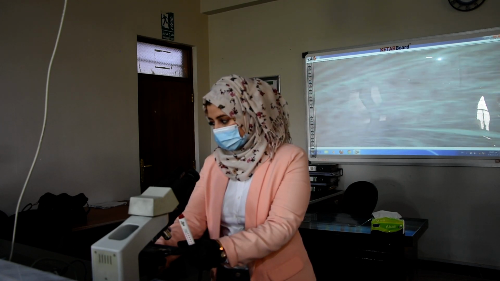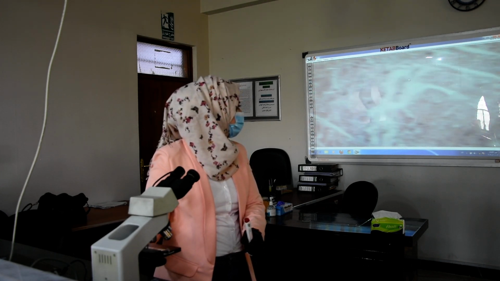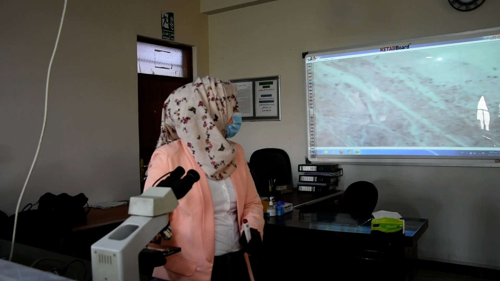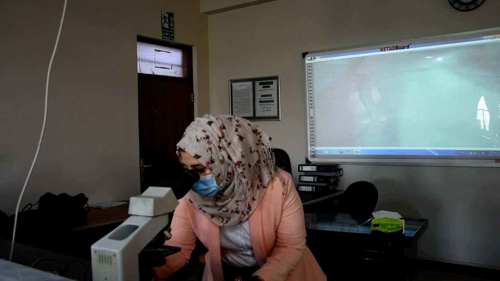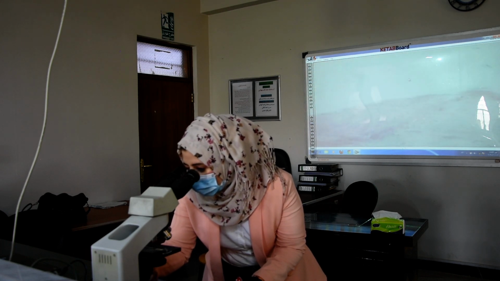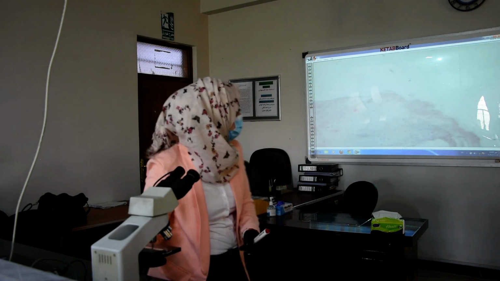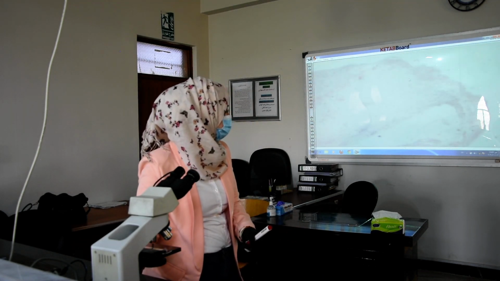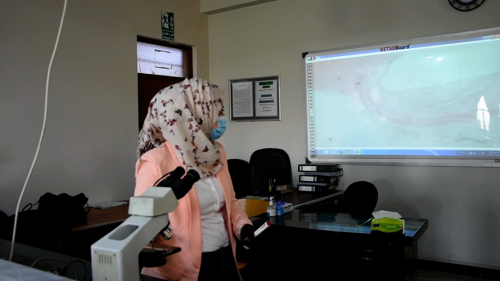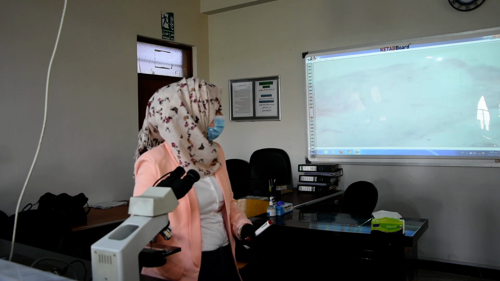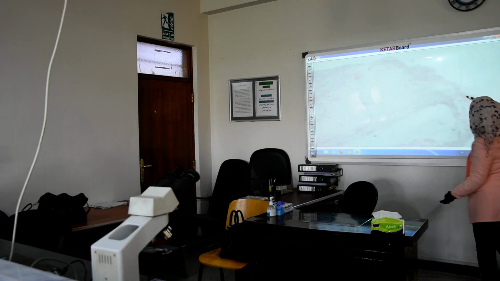Okay. All these are cardiac muscle. And I can show you. These are a semilunar valve. Okay. These are a semilunar valve. It's lined from inside and outside by the endothelium.